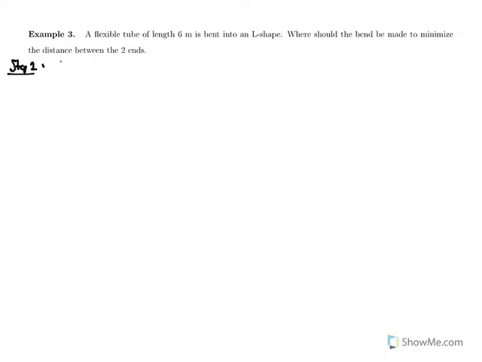So we have some kind of flexible tube, and we're going to bend it into an L. And we are going to look at the distance. We'll call that D, the distance between those 2 points. So what we want to find is where to make that bend. So maybe we should call our 2 sides x and y.